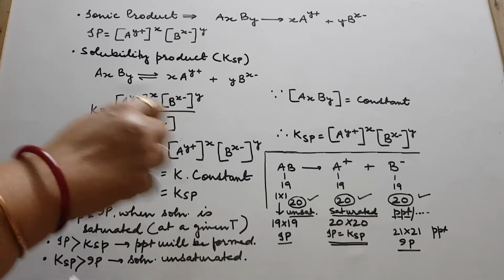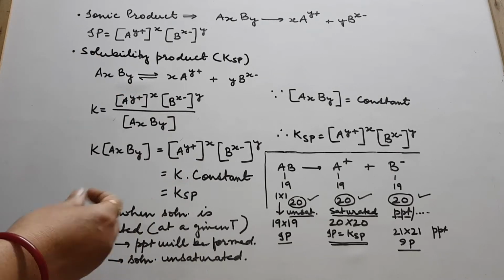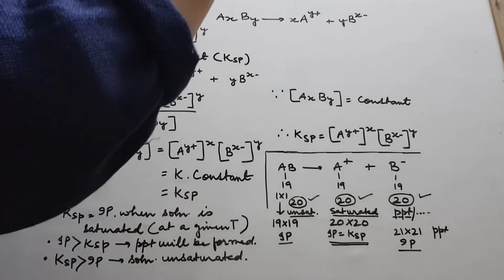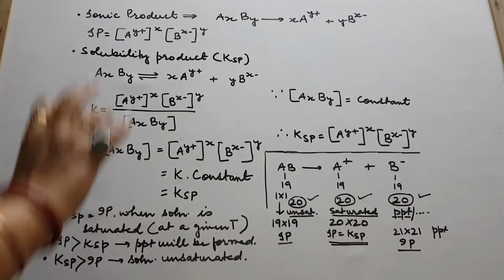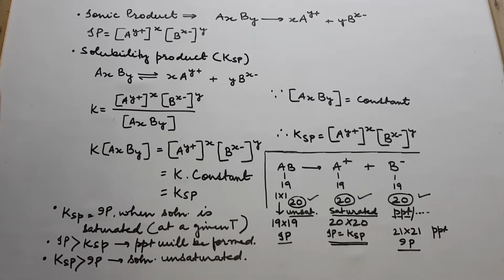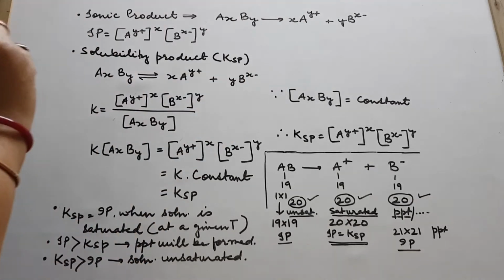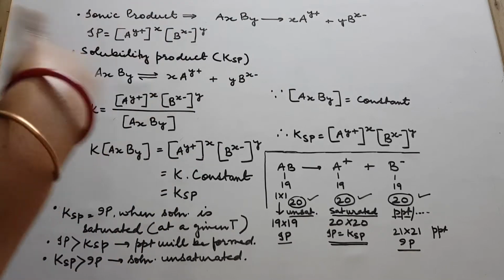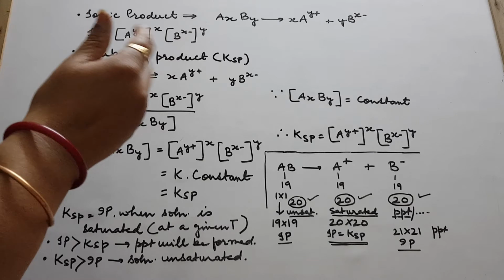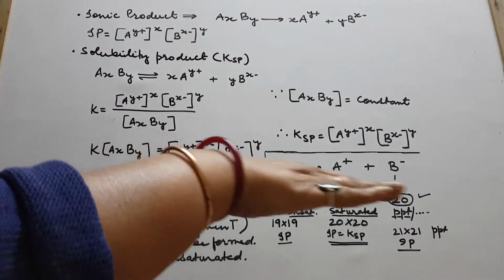You take salt, you go on dissolving and dissolving, and beyond a limit, if you add more, it will turn back. You might have seen, suppose you take salt and dissolve it in half a cup of water. It dissolves to the maximum. You heat it, and more dissolves. Now you cool it and bring it to normal temperature.